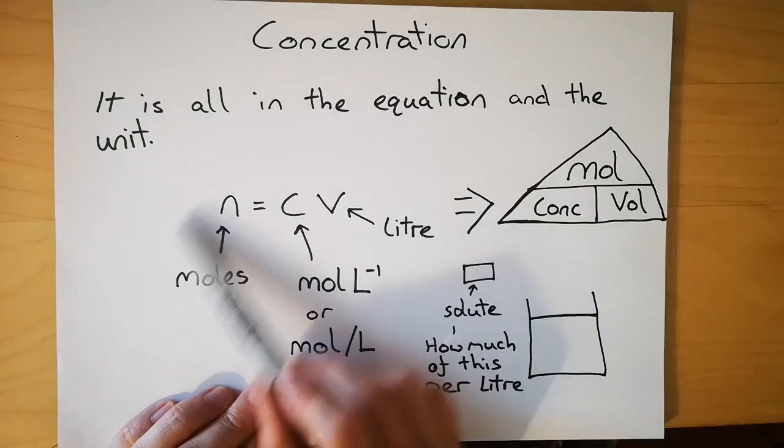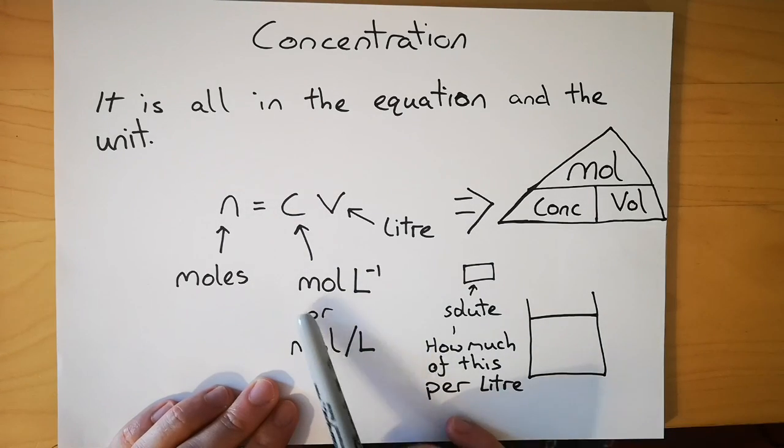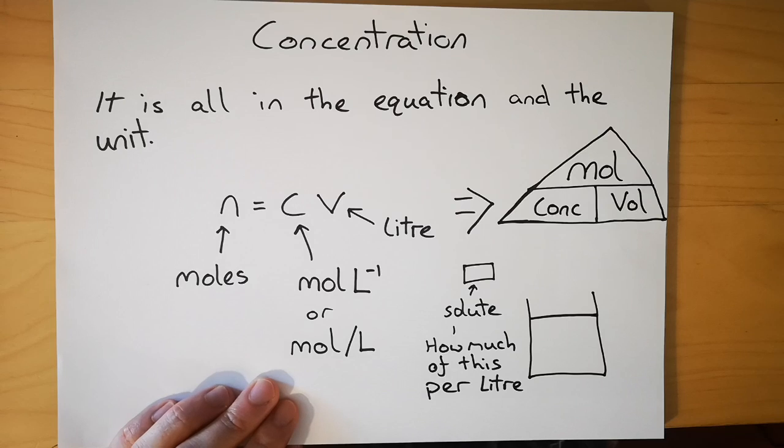So we can use this equation to work out how many moles of something we have in a litre, and this will relate back to our first set of equations about mass, moles, and GFM. So we'll do a little example, and then I will set you some questions.